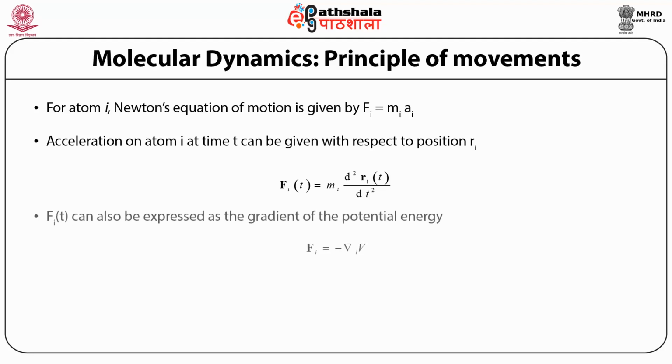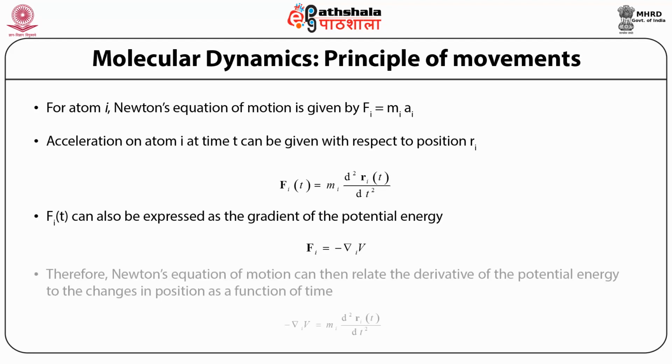The force can also be expressed as a gradient of potential energy. Therefore, we can now equate the two equations and arrive at Newton's equation of motion that relates the derivative of potential energy to the changes in position as a function of time.